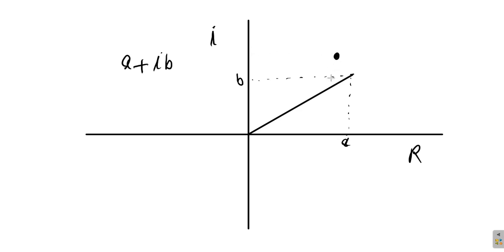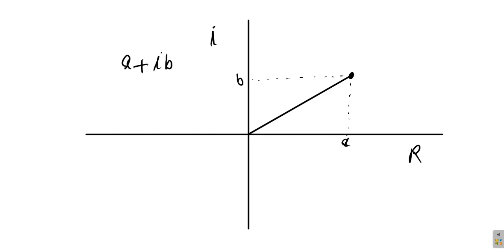And if this was our A and this was our B, you just use the dot, and our A plus IB would look like that. But even when you have the line, you don't put an arrow on the line. What you do is put a dot here. So this is the complex number A plus IB.